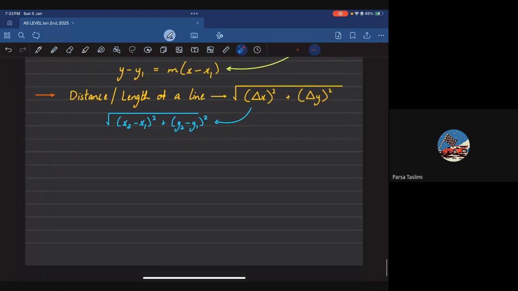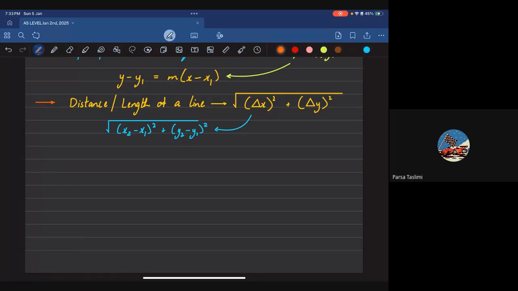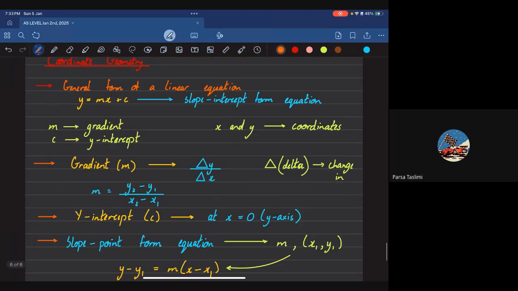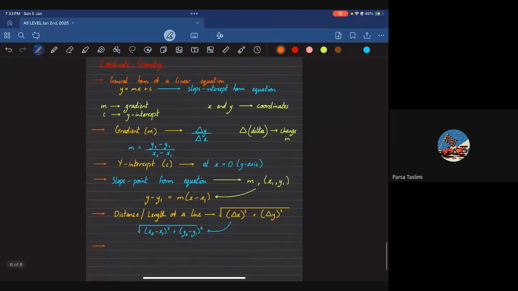Let's look into the rule for parallel lines. Now if two linear equations, wait, let me write that down as well.